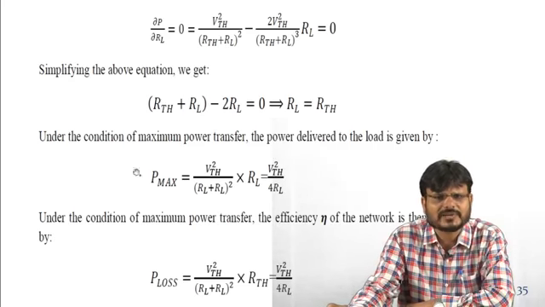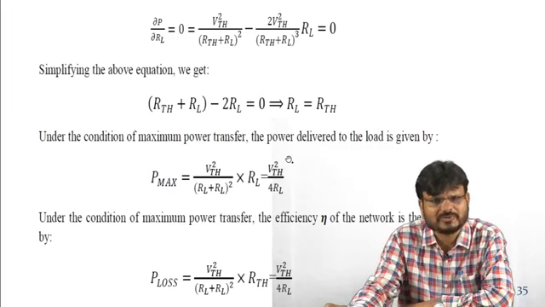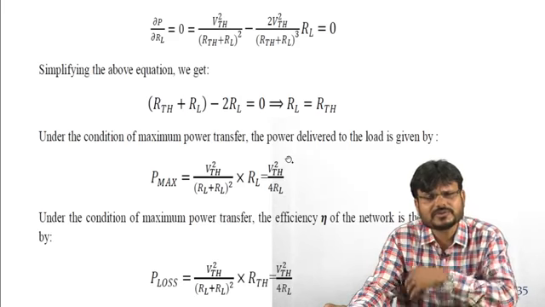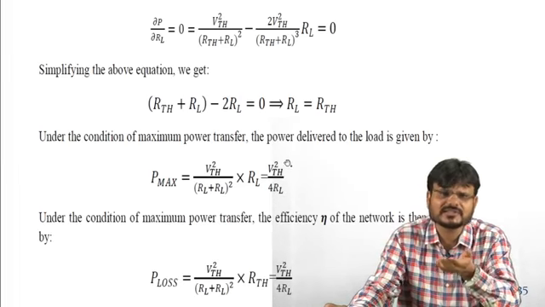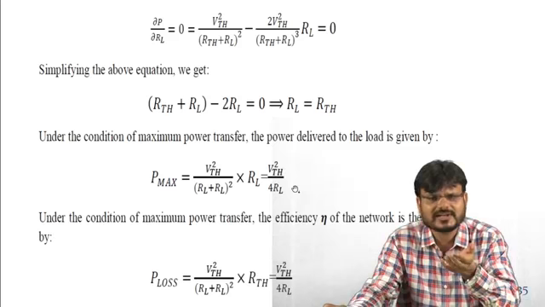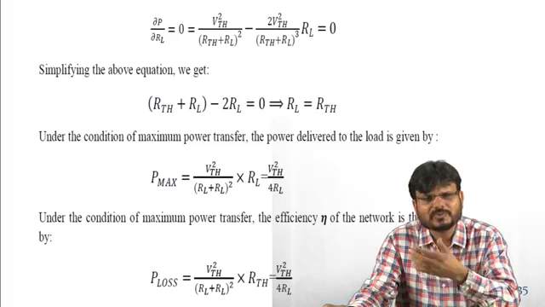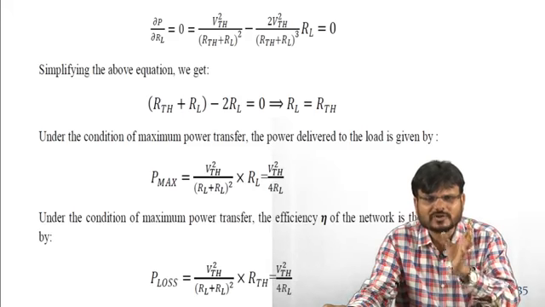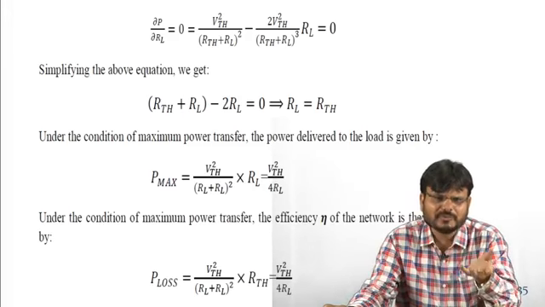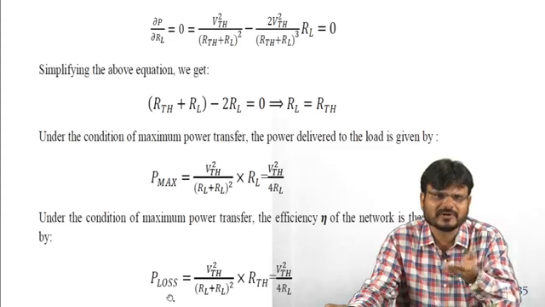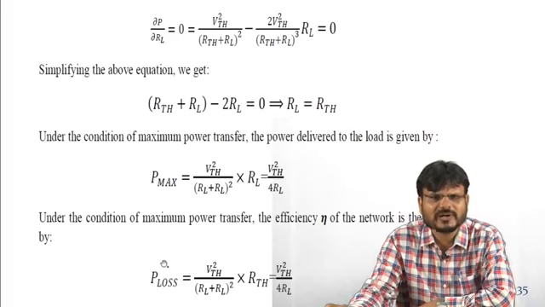Now you have calculated the maximum power, or you can say this is the output power. Because you have to find the efficiency, efficiency is equal to output power upon input power. And how can you calculate the input power? If you add losses to the output power, you get the input power. So now find the power losses.